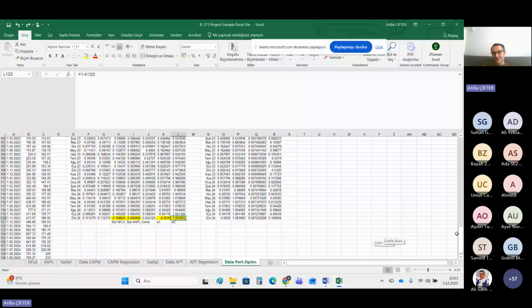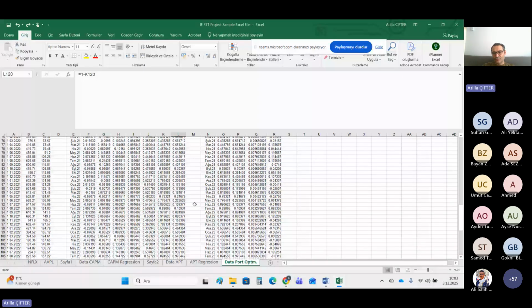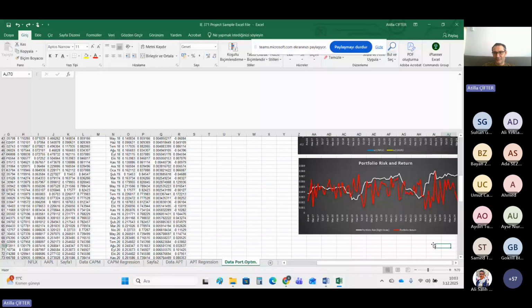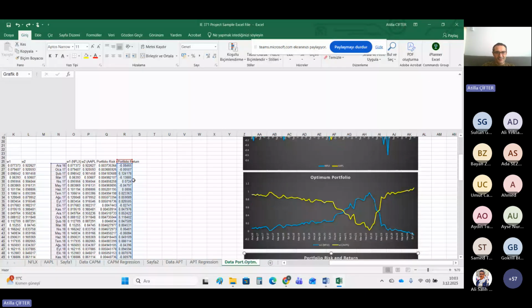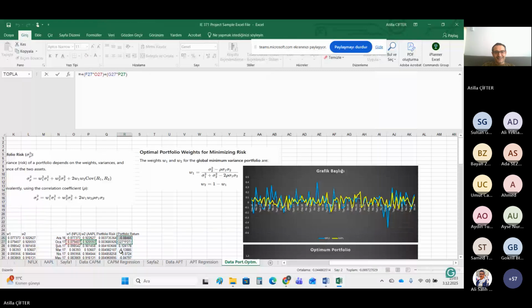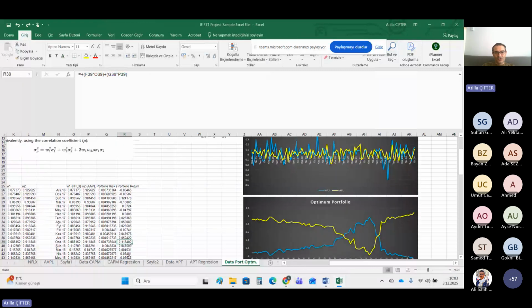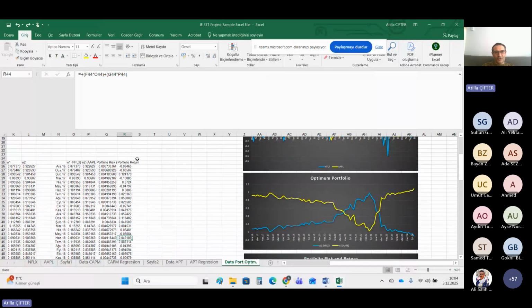Exactly. Normally we report the graph here, the optimal portfolio weight. You can see we calculate and show it. And for portfolio risk and portfolio return, you can see that we calculate a rolling window for each of the months separately according to optimum portfolio weights.